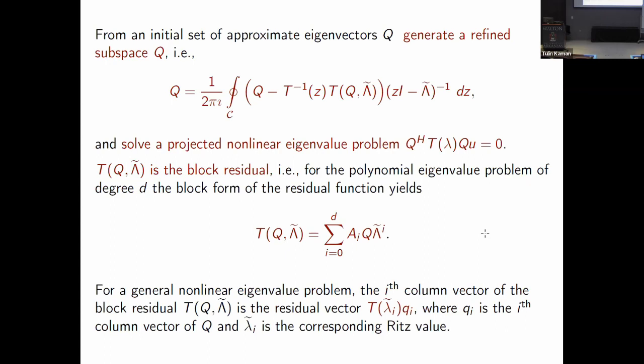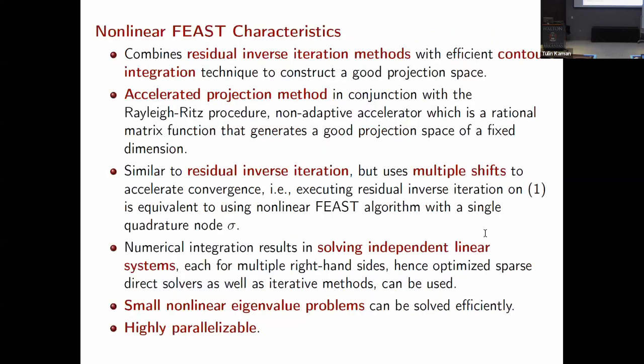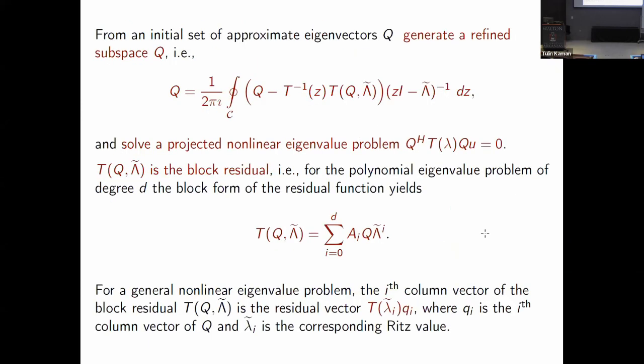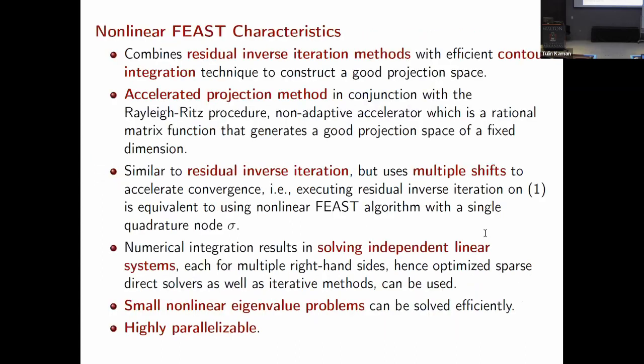Okay, so this is how the detailed procedure looks. Again, we have the subspace that we pick, and we refine the subspace using the approximation of the contour integral. Here we have the residual vectors, and we have to solve some linear systems along the way. So the building blocks are exactly the same.